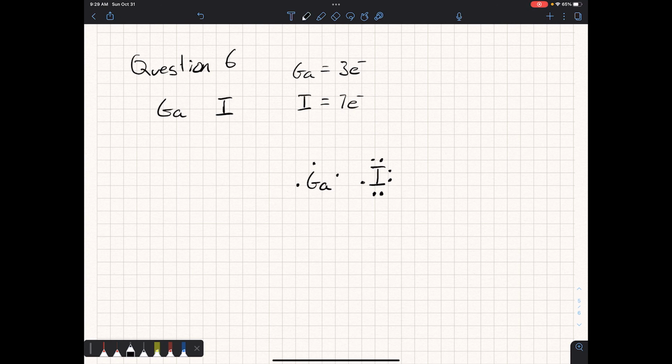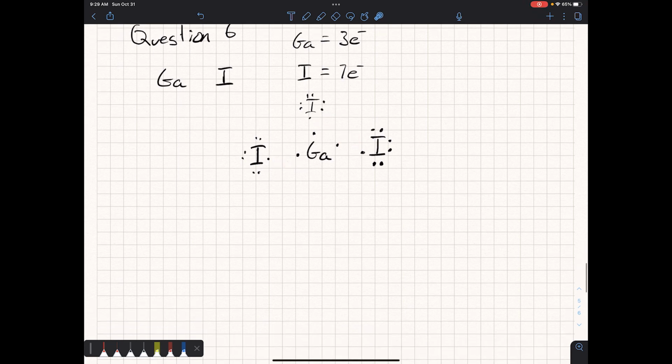So if we then draw another iodine, all right, again, similarly with 7 electrons, and then another one, well, gallium can give away 3 electrons. And it can do so to each of these iodines. Because then that would give gallium the same electron configuration as argon, which would mean it has 8 valence electrons.